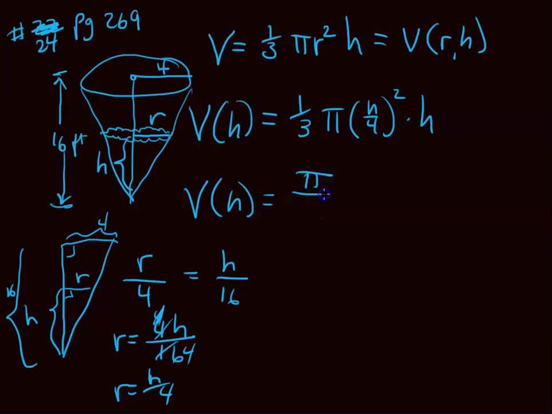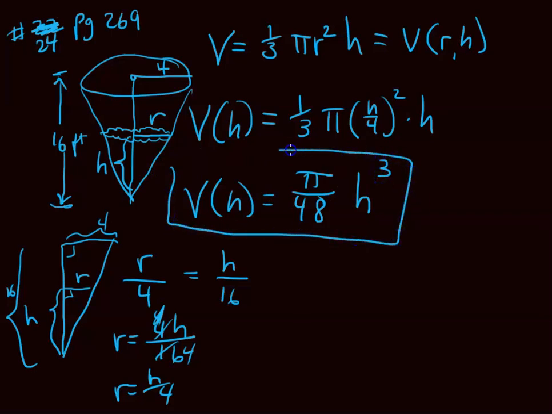So I'm going to put pi in the numerator, 48 in the denominator. And the h squared times the h is the h cubed. So this is a function in h. Used to be r and h, but we got rid of the r because we were given enough information to figure it out. Does that make sense?